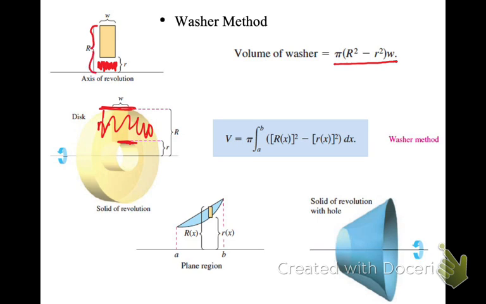Is that making sense? Sadie, is that making sense? No, it's not. Okay, so I'll repeat what I'm saying. Uppercase R is the total distance, from the top of the object to the axis of revolution.